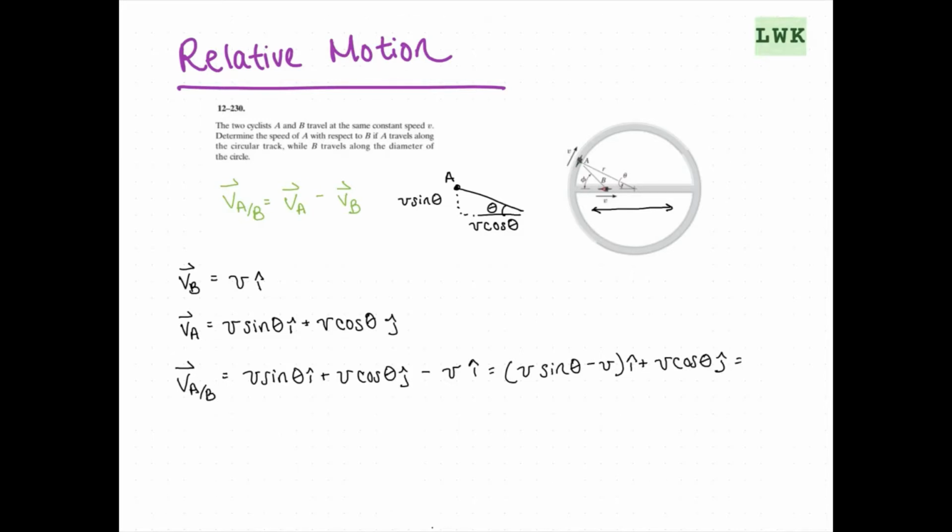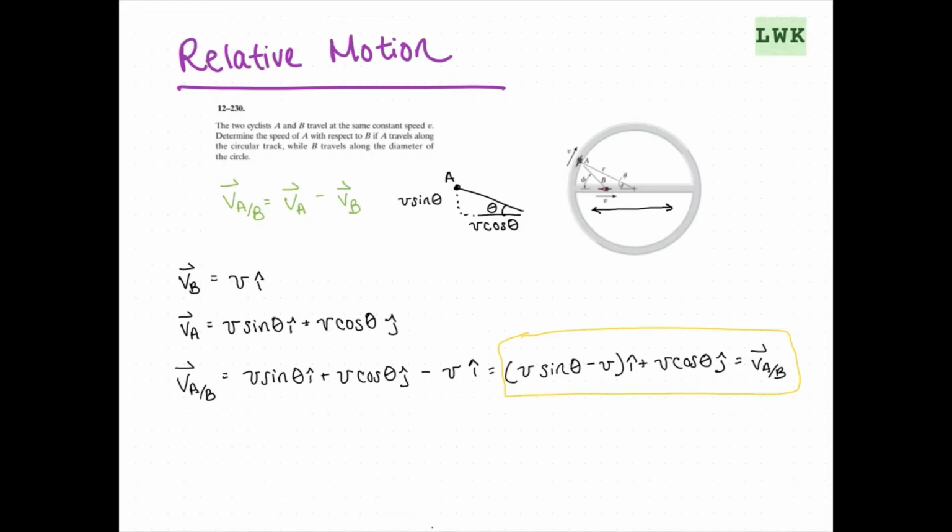And that'll give us V of A relative to B. So this is our velocity, but they want to know the speed. So we want to know the speed of A with respect to B.